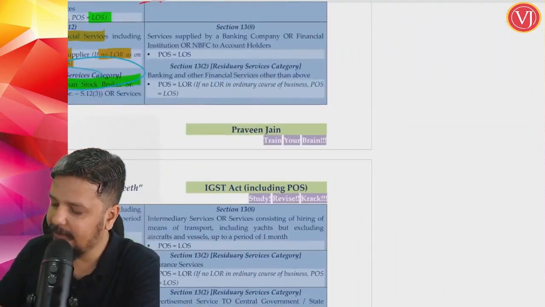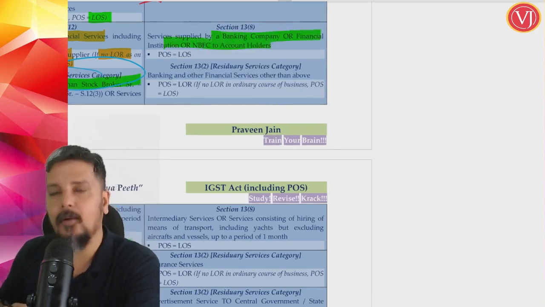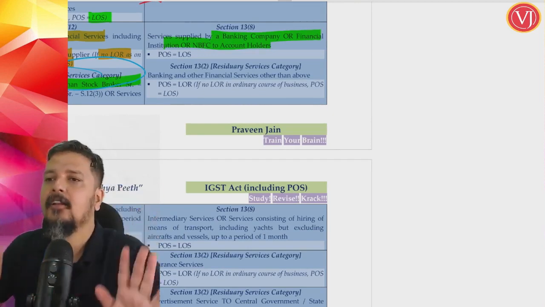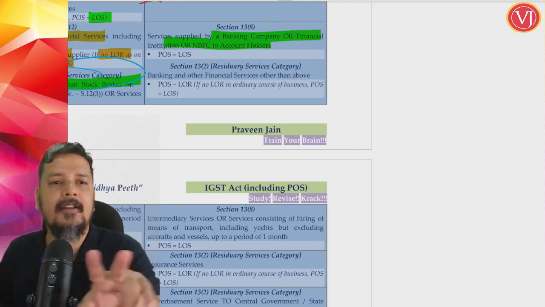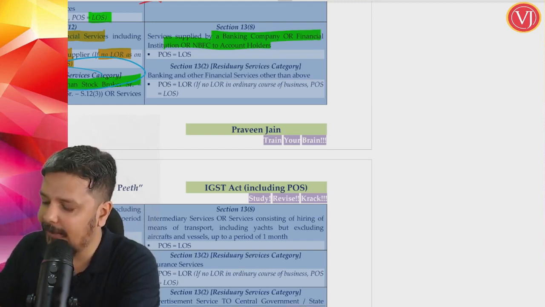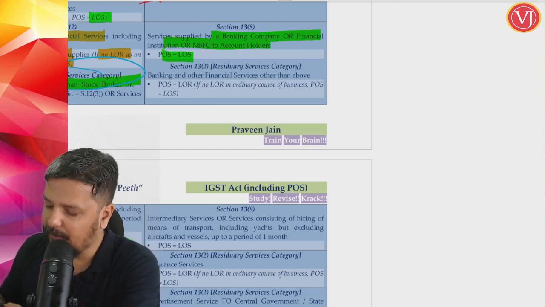But in section 13, you have all the banking services to the account holders. They very clearly tell we don't want LOR. We cannot focus on where the recipient is located, because either the supplier or the recipient is outside India. They want to make their job very simple. They tell that place of supply is location of supplier.